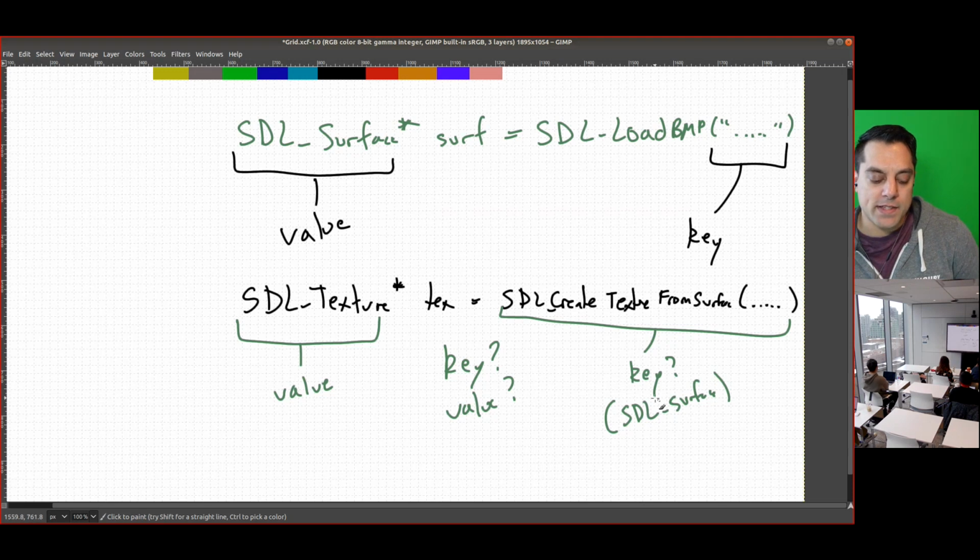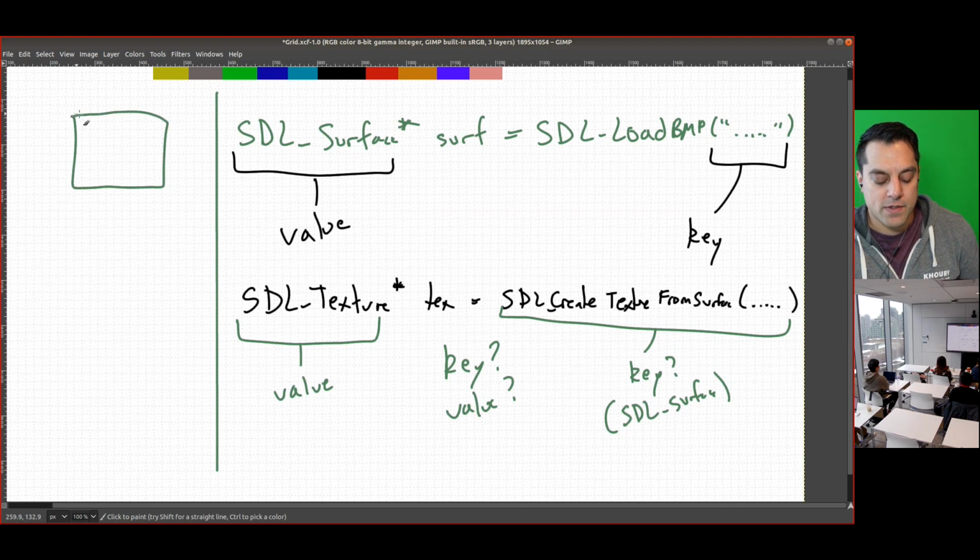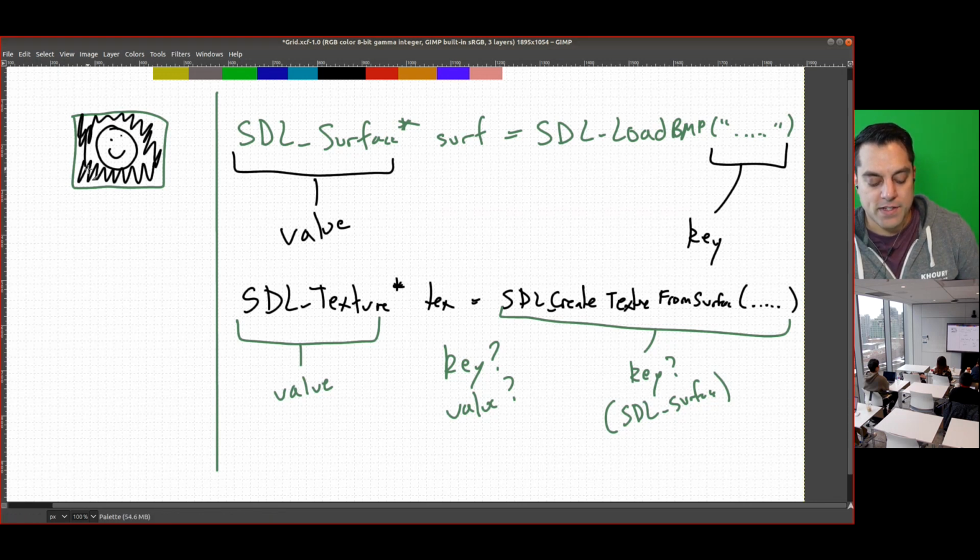The one corner case I can think of, and we haven't really talked about, is with a transparent texture, right? So when you load an image, something like this, a smiley face, you typically don't want all the extra pixels here. But maybe sometimes you do.